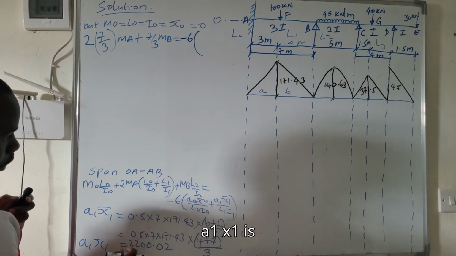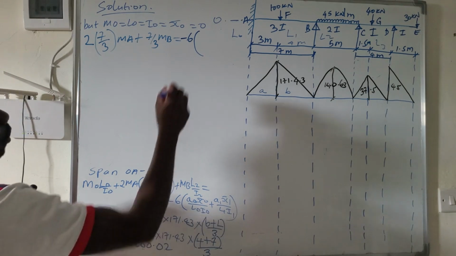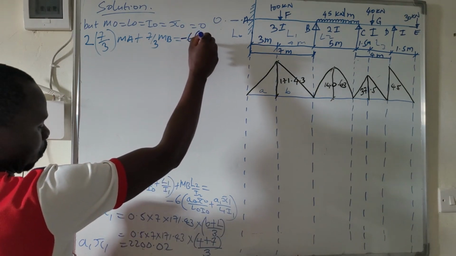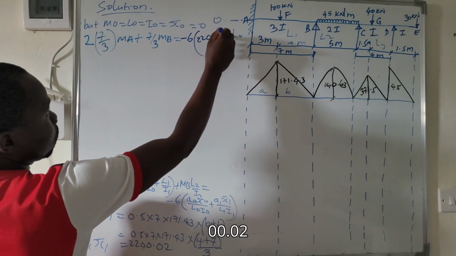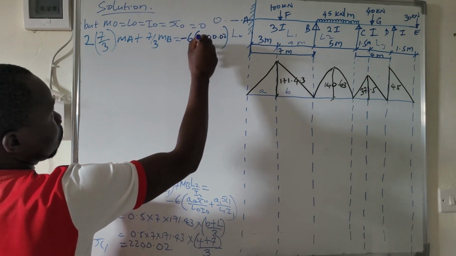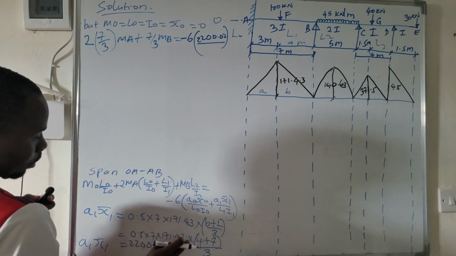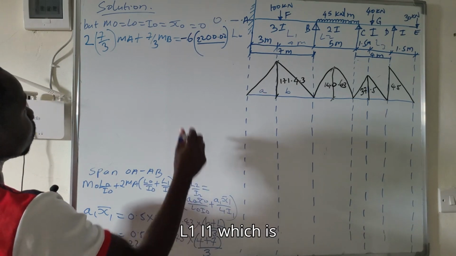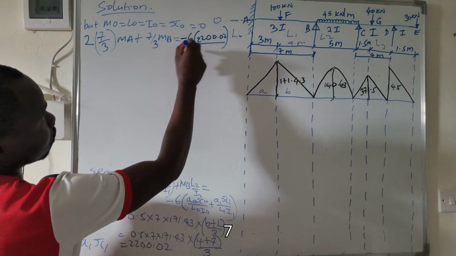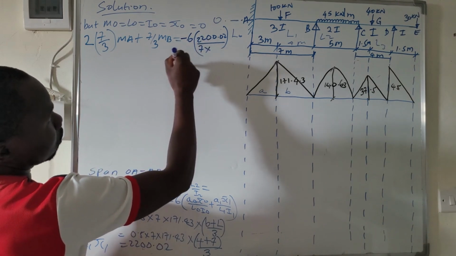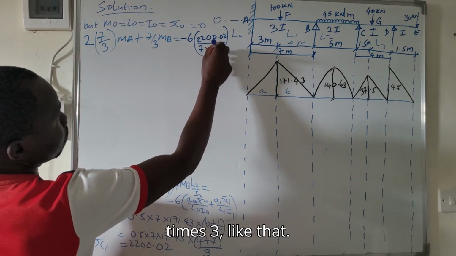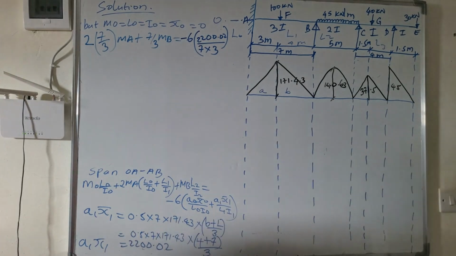A1 x bar 1 is 2200.02. Then you divide by L1 I1, which is 7 times 3, like that.